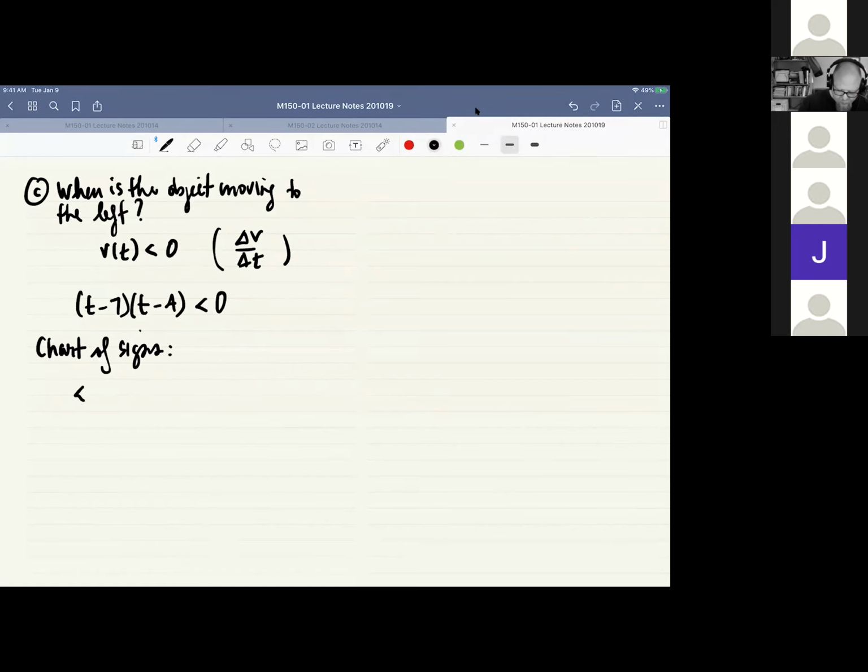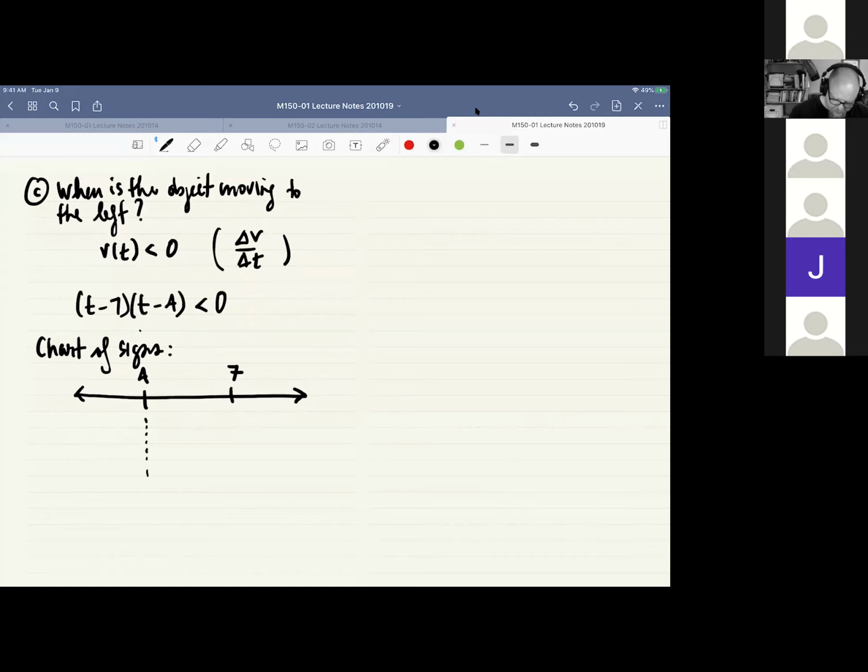And what you do when you want to solve an inequality, the first thing you always do is get a 0 on one side. Okay. And then we're going to make a number line. And on that number line, I'm going to put the places that the left-hand side vanishes. So where's my function actually equal to 0? And we calculated that to be 4 and 7.